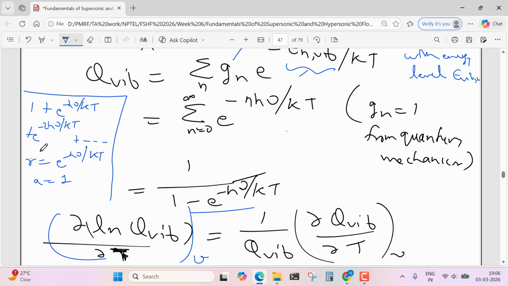If we consider r equal to e to the power minus h nu upon kT and a equal to 1, we get the series 1 plus r plus r square and so on till infinity, whose summation is nothing but 1 upon 1 minus r. So we get the summation equal to 1 upon 1 minus e to the power minus h nu upon kT.